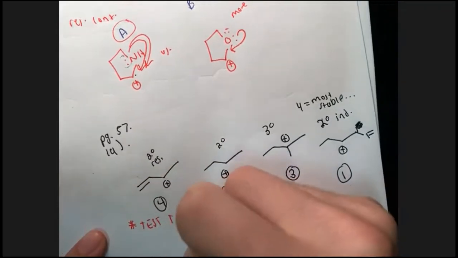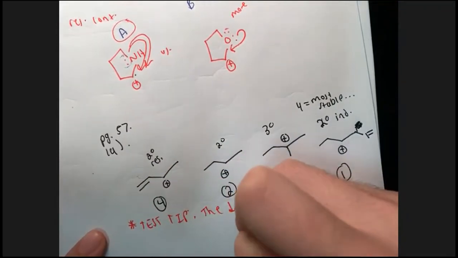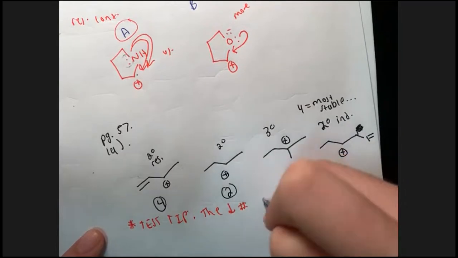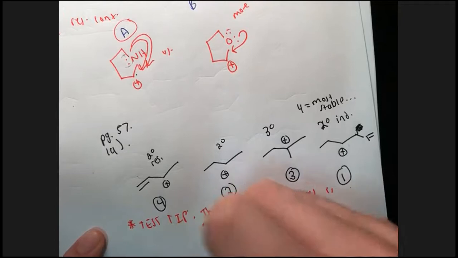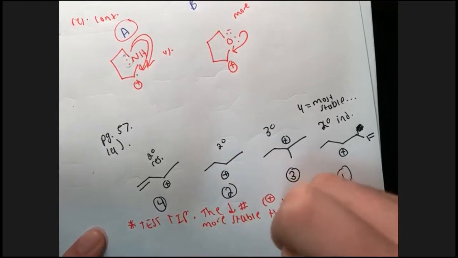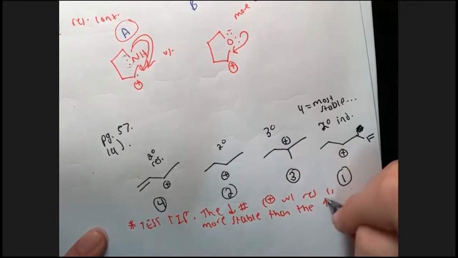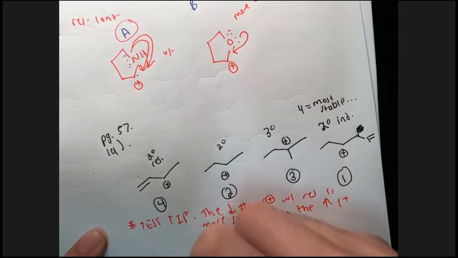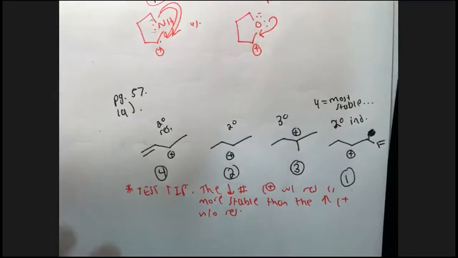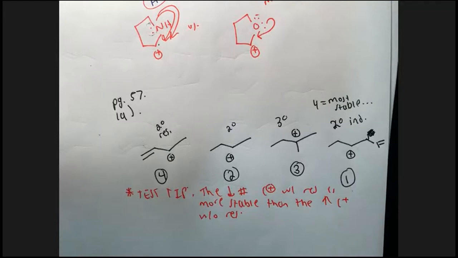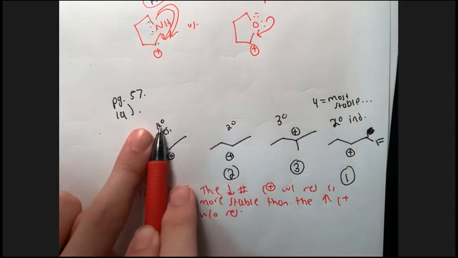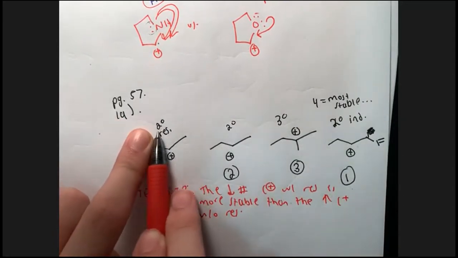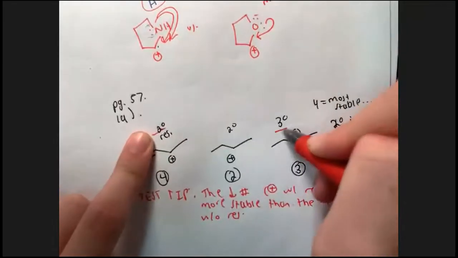The lower numbered carbocation with resonance is more stable than the higher carbocation without resonance. That probably makes absolutely no sense to you. Don't worry. So what does this mean? The lower number carbocation with resonance, meaning the secondary, is the lower number when I'm comparing it to the tertiary.